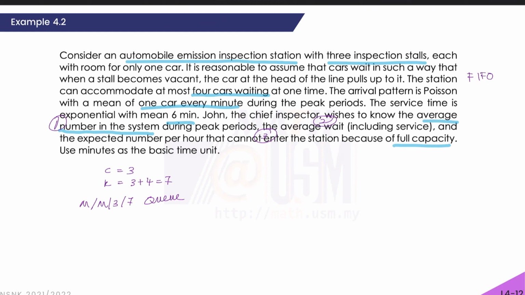Next, we're going to determine our arrival rate and service rate. The arrival with mean of 1 car every minute gives lambda equals 1 per minute.